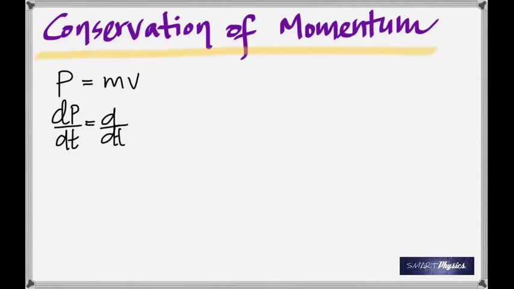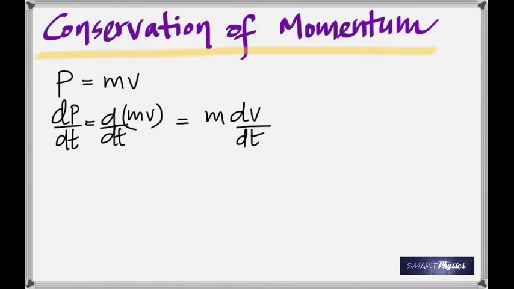So that's what I'm trying to write. dp by dt can be written as d by dt of mass times velocity, because p is mass times velocity. Whenever you take the differential, you take the constant out. What's the constant there? You have mass and velocity. Mass is the constant, so that's taken out. And then you have dv by dt. What's dv by dt?